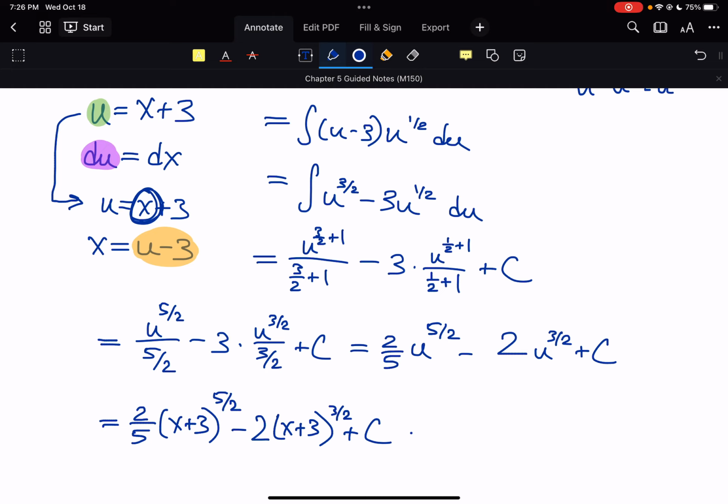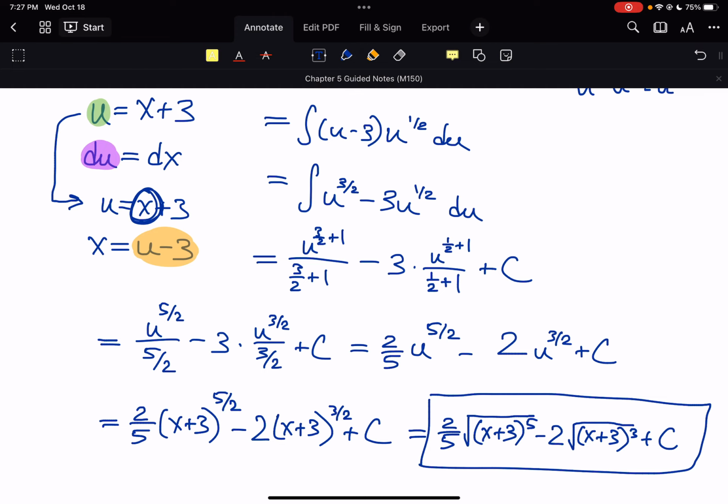And again, this is a perfectly acceptable answer, but just for the sake of consistency, the problem gave us the form of a radical, so I'll go ahead and keep that form. So we're going to have the square root of x plus 3 to the 5th, and then minus 2 times the square root of x plus 3 to the 3rd plus c.